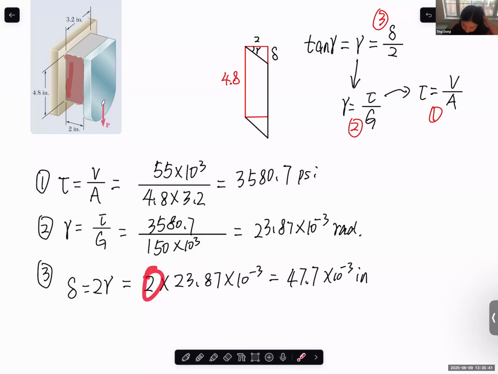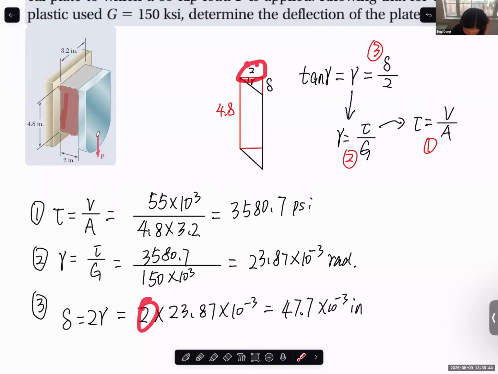So 2 is the dimension here, so it's inch. Inch times the radian, so the unit is inch. Gamma is a shear strain. Shear strain is a reduction.